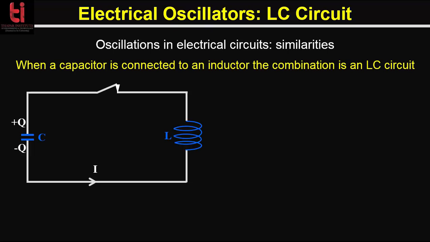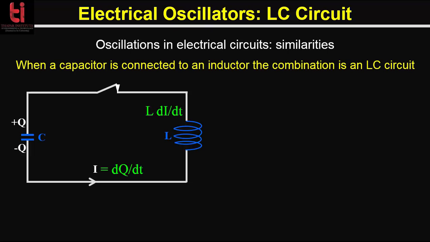The charge Q on the capacitor is equal to V times C, where C is the capacitance. Now, if we close the switch, charge begins to flow through the circuit, that is through the inductor, and a current I equal to dq/dt flows in the circuit. This time-varying current produces a voltage across the inductor, equal to L di/dt.